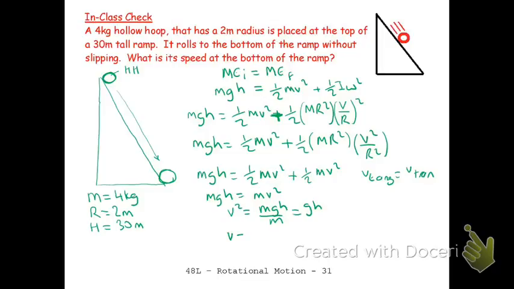So v is equal to the square root of gh, which equals the square root of 10 times 30, which equals the square root of 300, which equals 17.3.